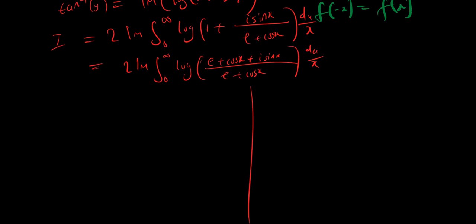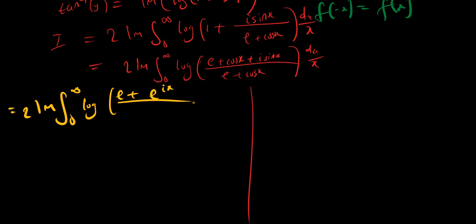So this would equal twice the imaginary part of the integral from 0 to infinity. Now e to the cos x plus i sine x is e to the ix. So this will be logarithm of e plus e to the ix all divided by e plus cosine of x, dx over x.